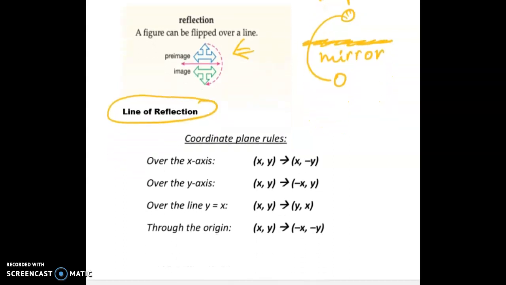Reflection either happens over the x-axis, that is the horizontal line, over the y-axis, that is my vertical line, or when the line is y equals x. So when y equals x, the graph will be a positive slope, right? And through the origin. When it happens through the origin, then the rules are these.